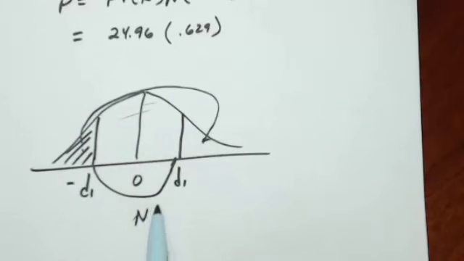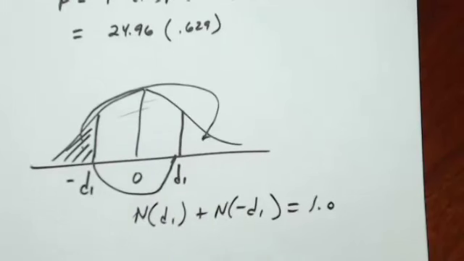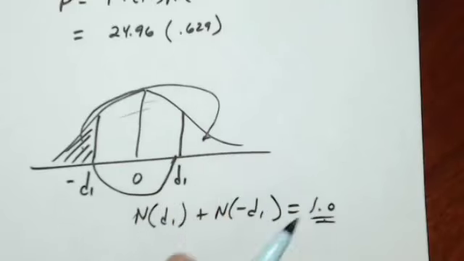So what I'm saying is that ND of 1 plus ND of minus 1 always is going to equal 1 in total. And the same thing if you have ND of 2 and minus ND of 2. They're always going to add up to 1. What this is saying is the normal distribution is symmetric. So keep that in mind. It will help you significantly.